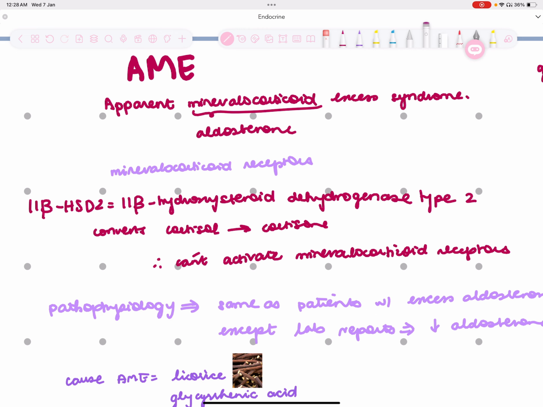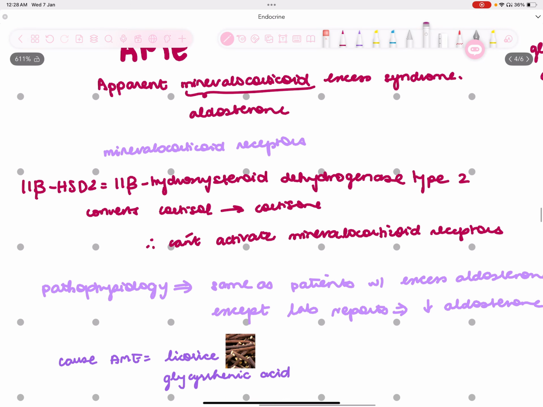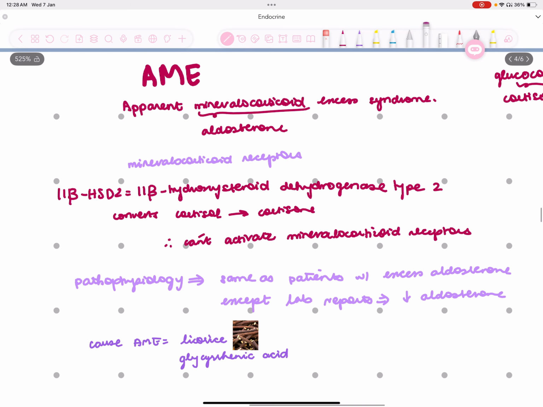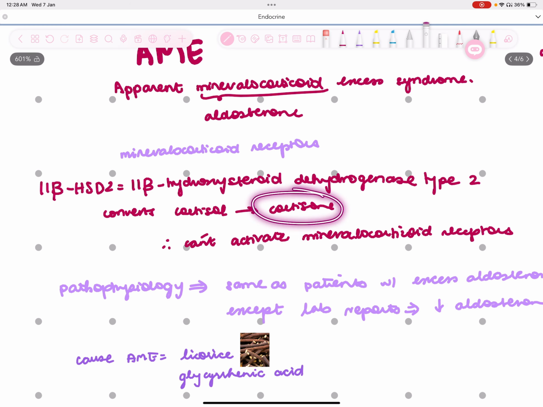Once cortisol is converted to cortisone, this evidently won't bind mineralocorticoid receptors, and it won't activate those receptors anymore. Thankfully, our body is now safe because these receptors will only respond to aldosterone, which is the principal mineralocorticoid. And cortisol has been converted to cortisone, thankfully, because of 11 beta hydroxysteroid dehydrogenase type 2.